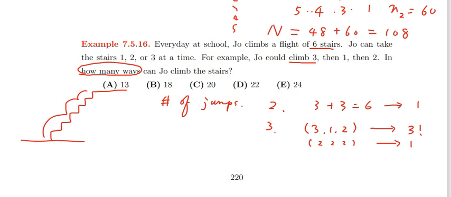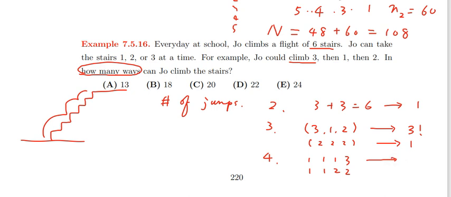How about 4 jumps? Could it be 1, 1, 1, 3? Also 1, 1, 2, 2. So 1, 1, 1, 3, also could be 1, 1, 3, 1, and 1, 3, 1, 1. So how many ways?